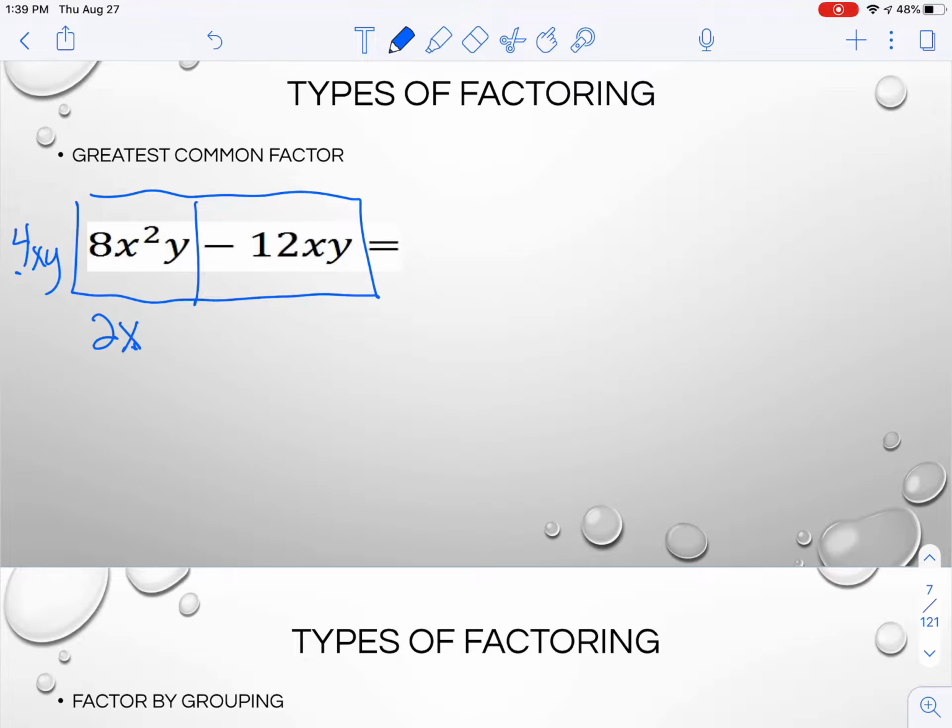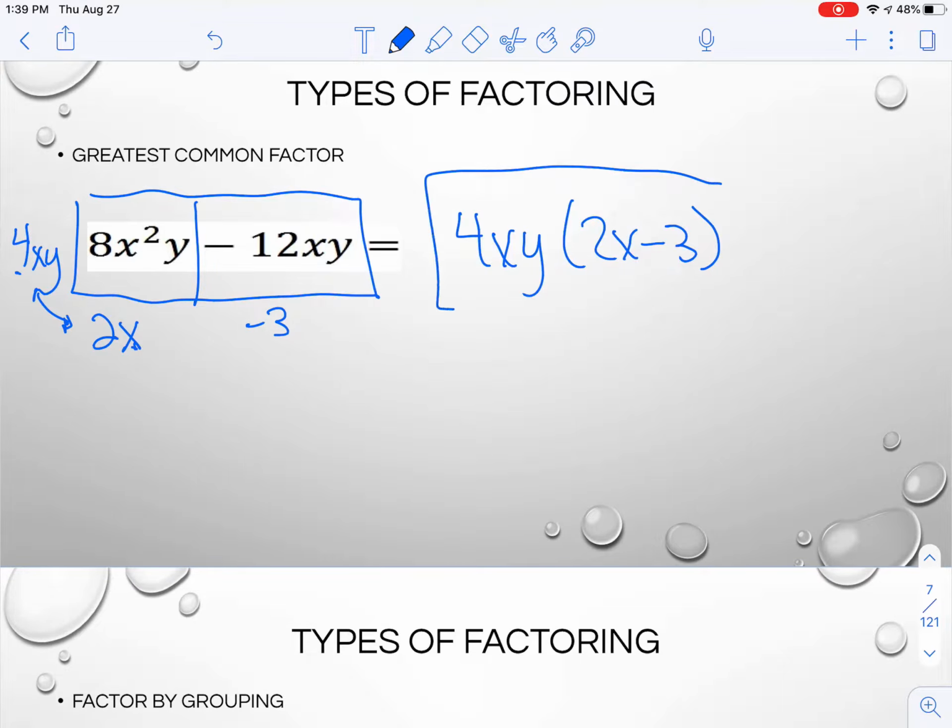So if we would multiply these two things here, we would get that. Same thing with the other side. 4 times what is negative 12, negative 3. x times what is x, we already got it. y times what is already y, we already got it. So your final answer is 4xy times 2x minus 3. So that's the visual representation of it.